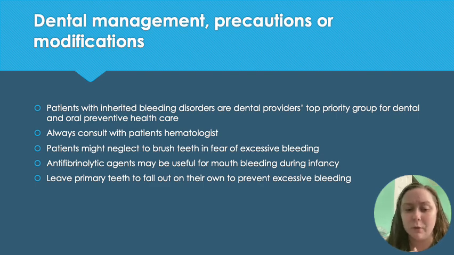That's annoying. And then we would give fibrinolytic agents for excessive bleeding during infancy whenever they're teething. And then we want to leave primary teeth to fall out on their own to prevent excessive bleeding.